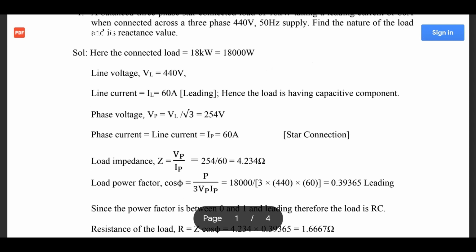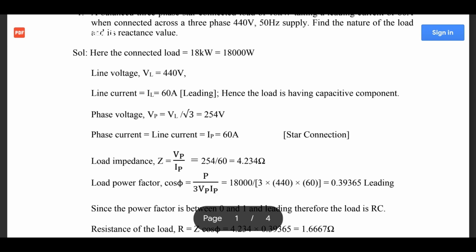It is to be kept in mind that the line voltage is 440 volts, supply voltage is the line voltage, and it is also given that the leading current is 60 amperes. Whenever the current is leading, it means that it has a capacitive component, because whenever there is a capacitive component, the current is leading the voltage.